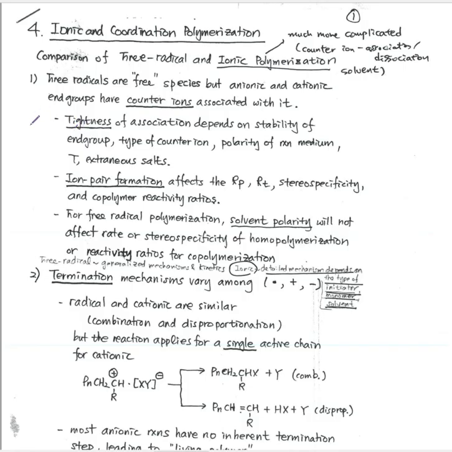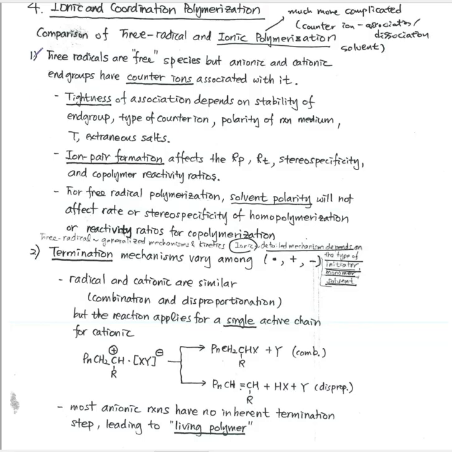So the major difference is, number one, free radicals are free, but anionic and cationic groups have counter ions associated with them. If you perform a polymer synthesis in the liquid phase, you can just use liquid phase monomer, or you can use solvent. Anyhow, electronic charge should be balanced, right?